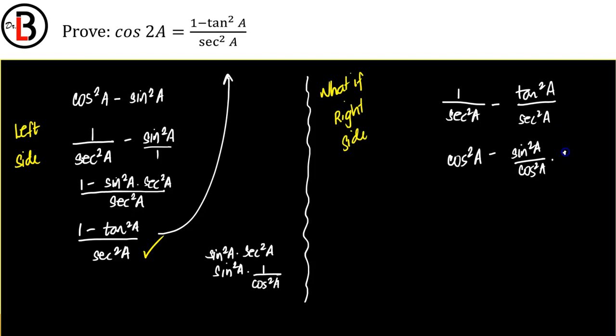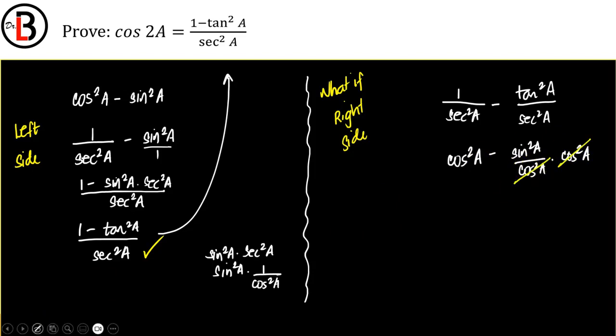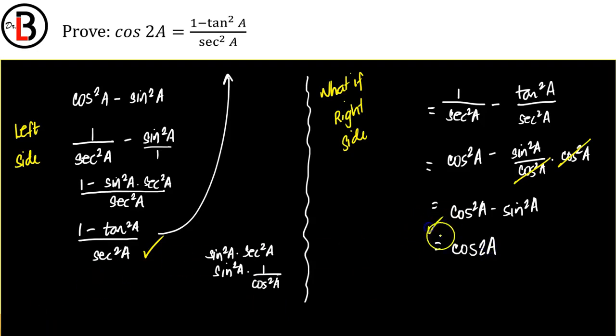When you move it up, that's actually cosine squared a. And then you'd be able to cancel this out. So overall, you'll have here cosine squared a minus sine squared a. This one is cosine 2a. So now we were able to prove using the right side, it's equal to the left.